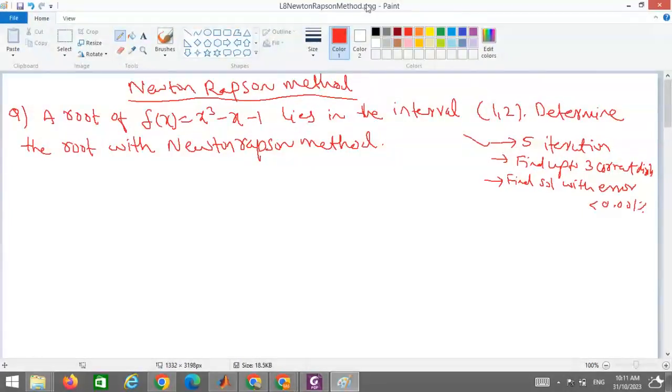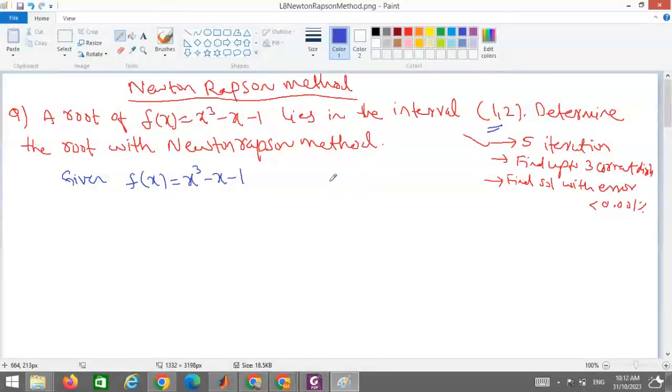So this is the given function. Given function is f of x is equal to x cube minus x minus 1. Since the root lies between 1 and 2, we have to take an initial guess. Sometimes in a problem, the initial guess will be given directly, and sometimes the interval will be given. If the initial guess is given directly, you will have x naught with you.